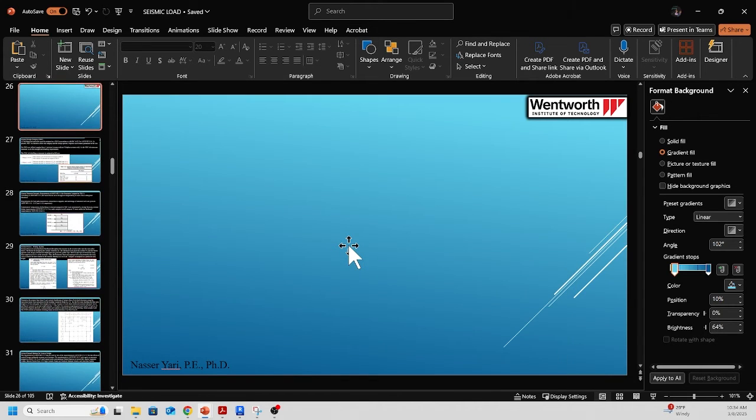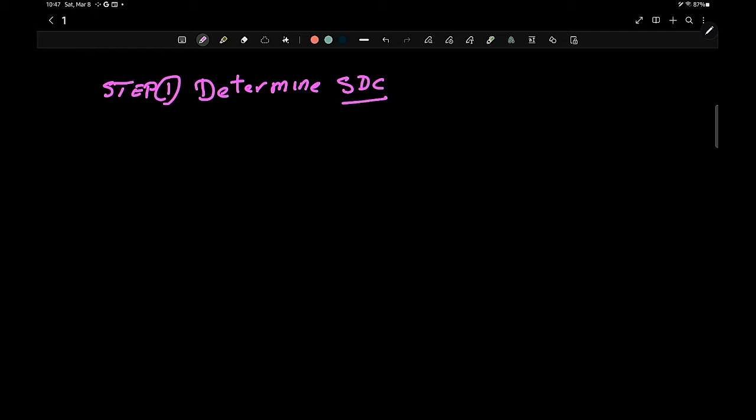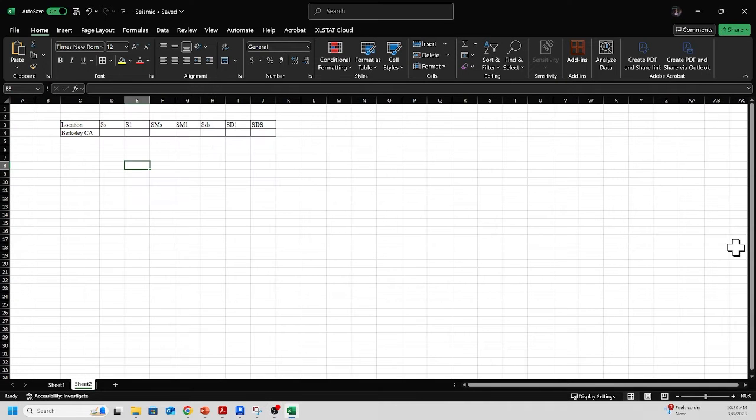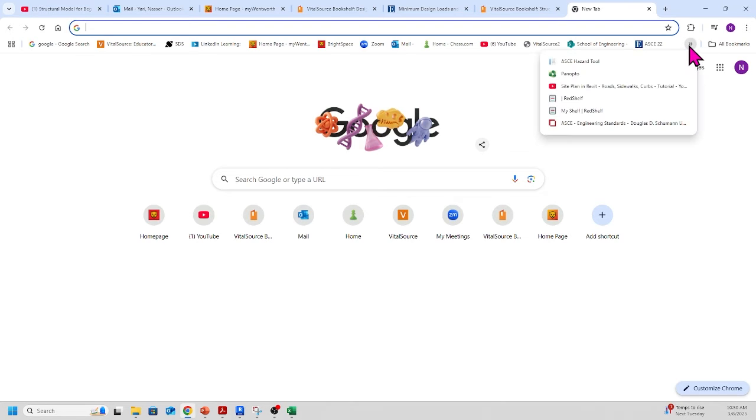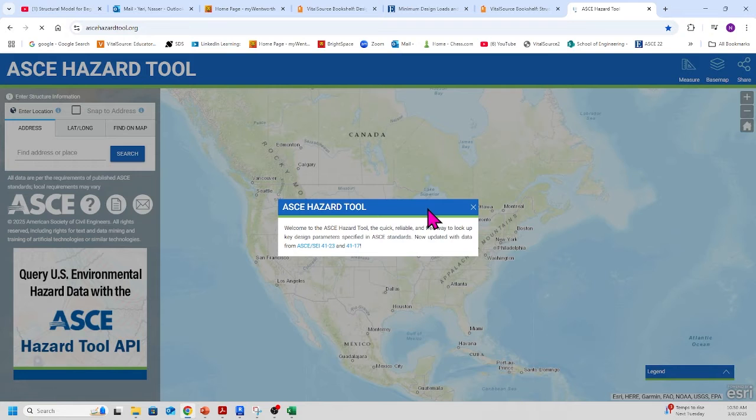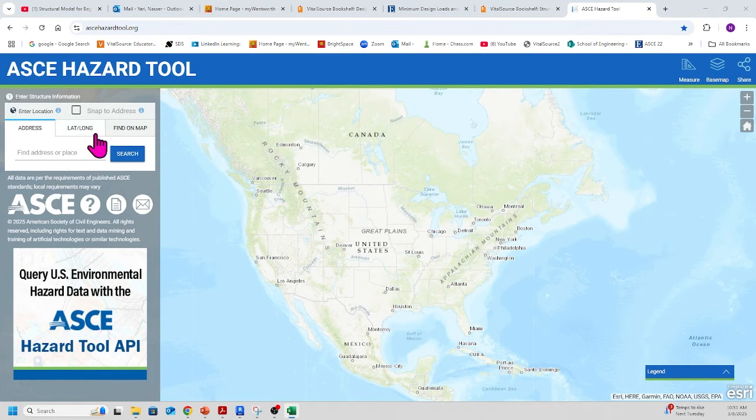Okay, let's get to work. Step 1, we want to calculate the SDS, so let's start up Excel. To get some of this information, let's go to the ASCE hazard tool.